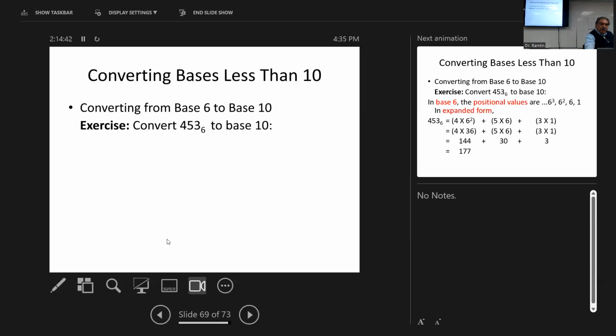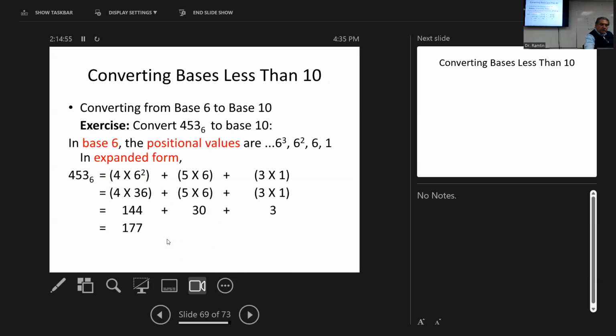Now, for example, if we want to convert from base 6 to base 10, let's say we have the number 453 base 6. We want to convert it to our numerical system. So the way to do it: write 453 base 6 equal to, then separate the digits 4, 5, and 3, put them in parentheses with an addition sign in between.